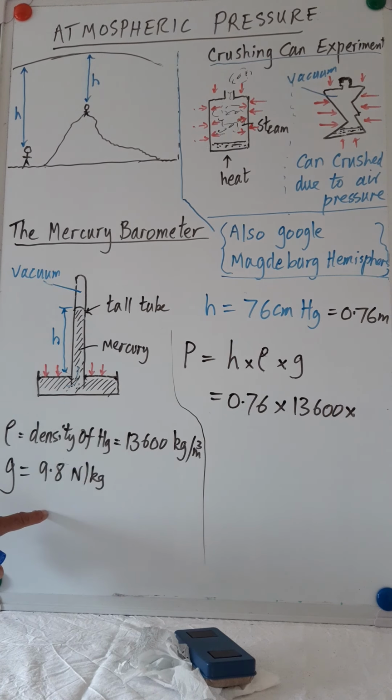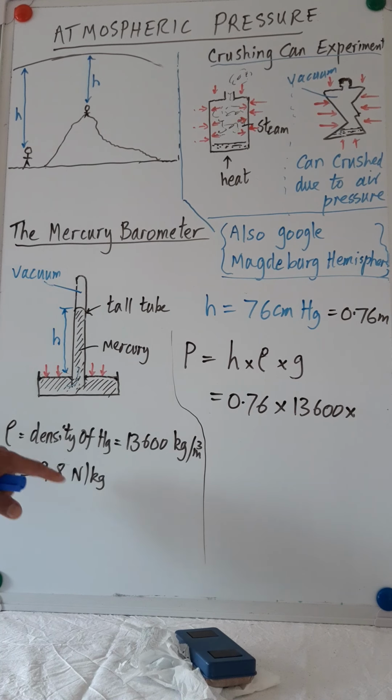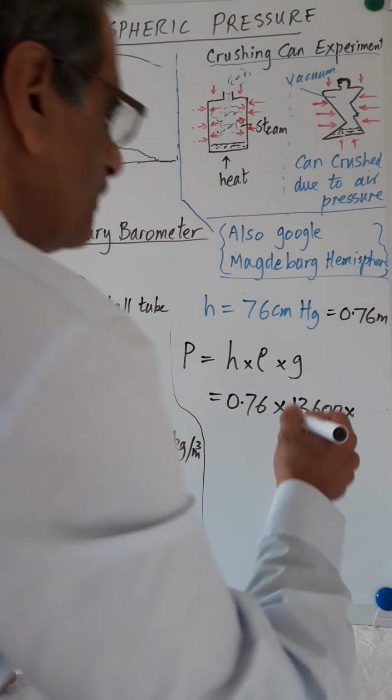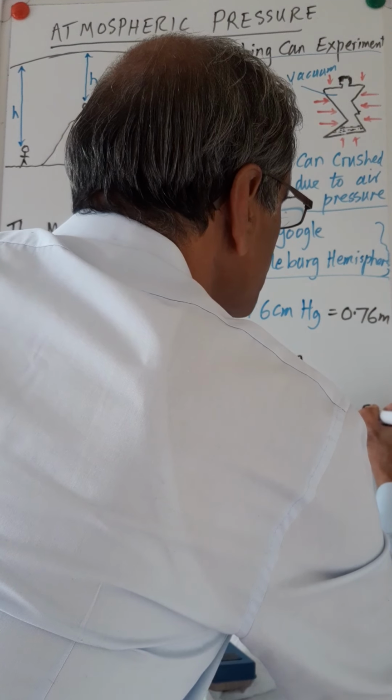Now, I'm going to use the exact value. Normally we approximate it to 10, but I'm going to use the exact value, which will give us a more accurate reading, which is 9.8.